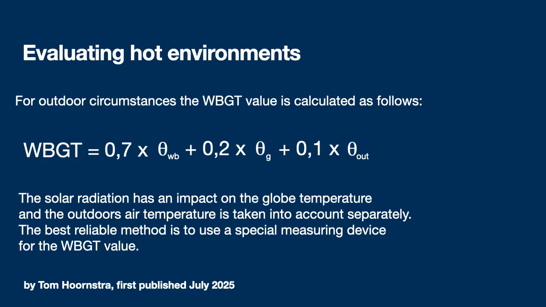So that is what you have to do, and then you can easily say if it is acceptable to do the marathon or not. Or you have to split the marathon in the acclimatized runners and the non-acclimatized runners. That's what this standard teaches us.